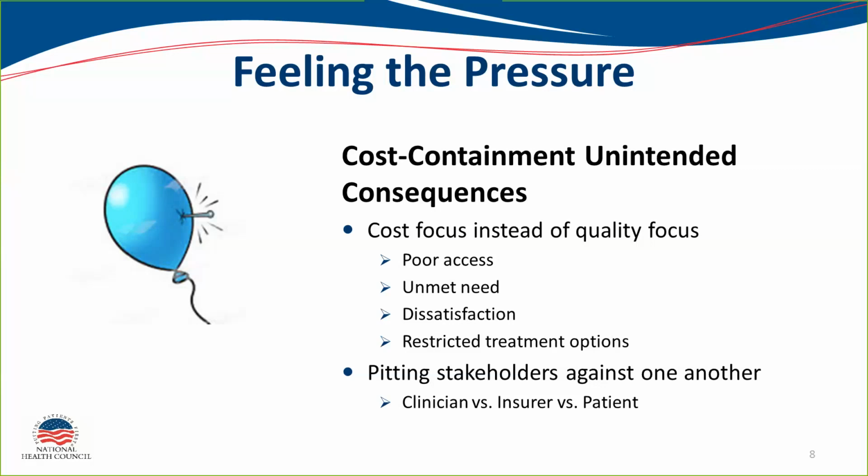Is that something you want to see from a satisfaction standpoint? Does it restrict or harm access? And what if a patient's out-of-pocket cost increases as well? So we see these cost containment strategies, and some of the effects are intended and some are unintended.